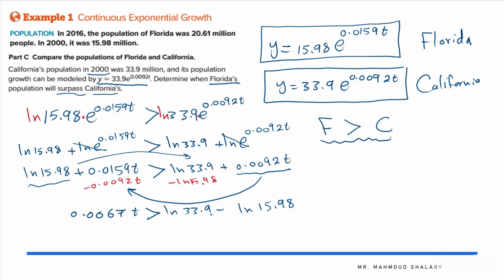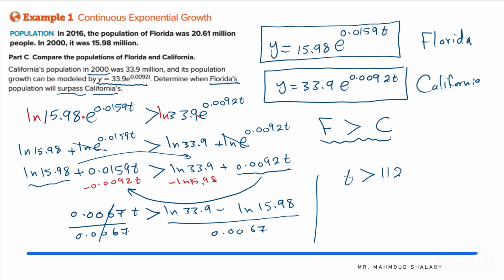Why do I leave them until the end? Because these both of them will not give you an accurate answer, so I will not round until the final step. The last step to find t is to divide by 0.0067 on both sides. Don't forget to write this as it is on the calculator, so you will come up by the end with t is greater than 112.25.